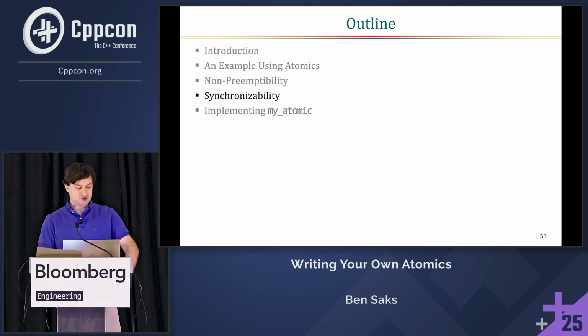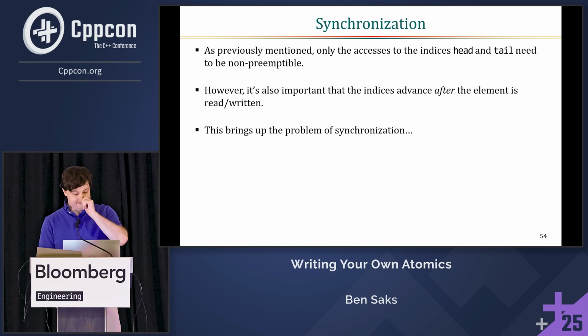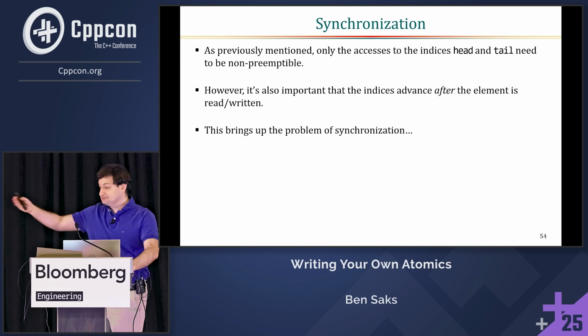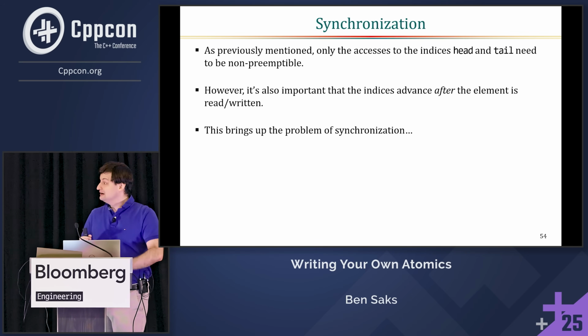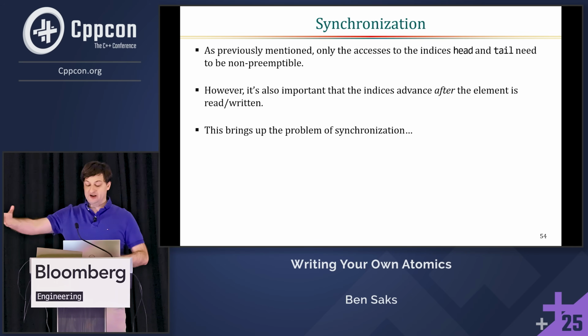Okay, so now let's talk about synchronizability. So I mentioned the accesses to the head and the tail need to be handled in this non-preemptive fashion. It's also important, as I just went through, that those indices advance after the corresponding element is read or written.